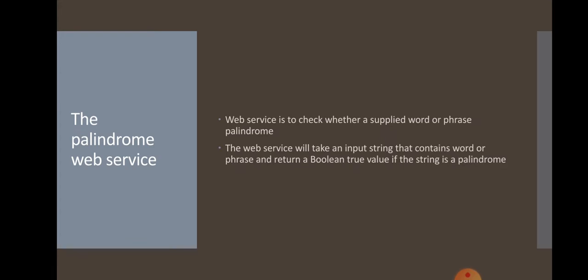It may be either a single word or a sentence. After checking, it will return a Boolean value. Boolean means a true or false value. If the checked string matches, it will return true. Otherwise, it returns false.